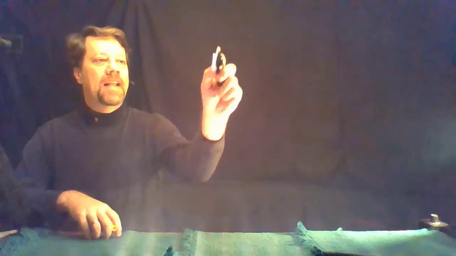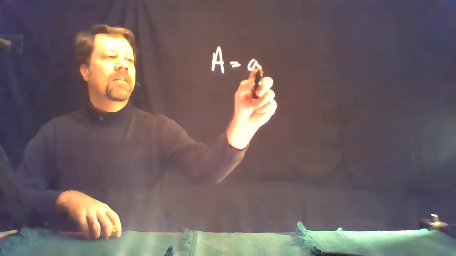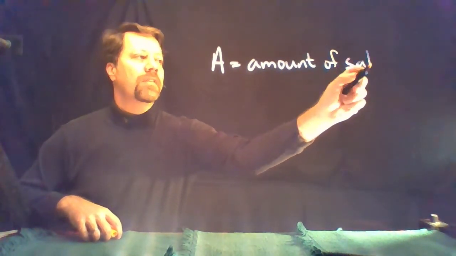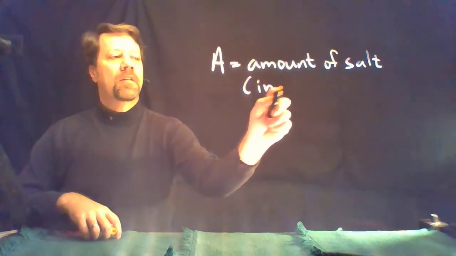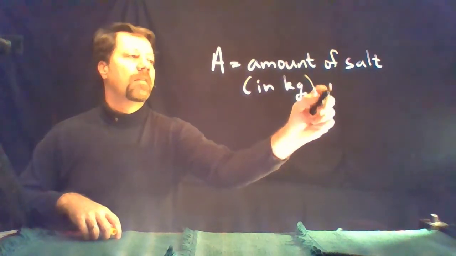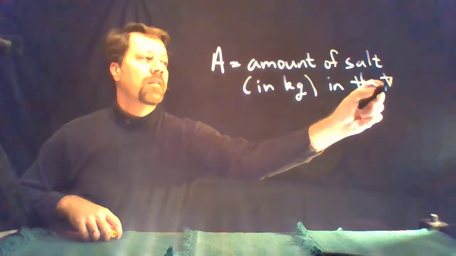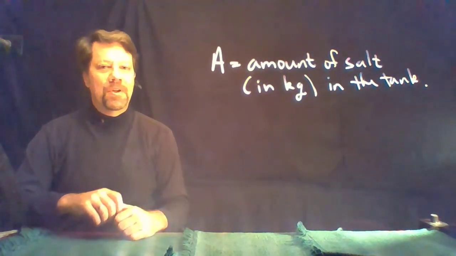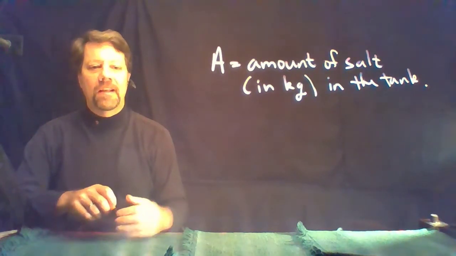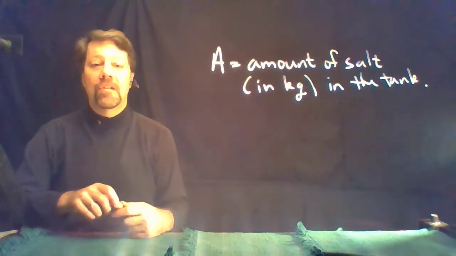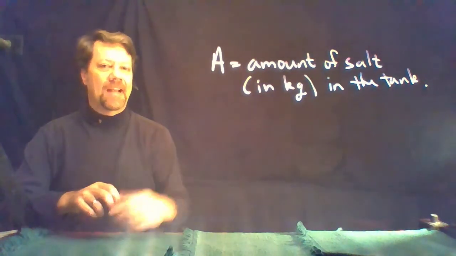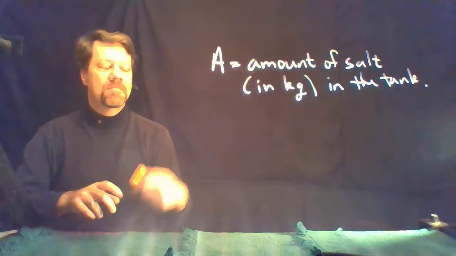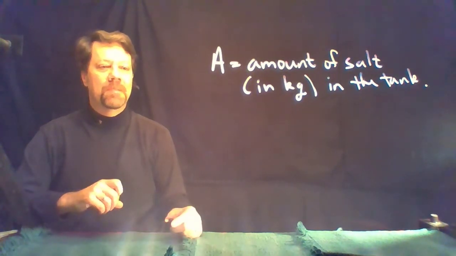First, I want to define A to be the amount of salt in kilograms in the tank. A lot of people don't appreciate the importance of defining as a variable the thing that you're looking for. Until you do that, you can't write down any equations or solve for that variable. This is a pretty important step.